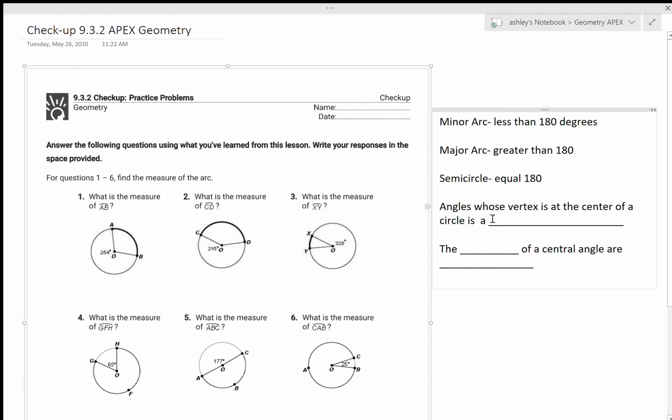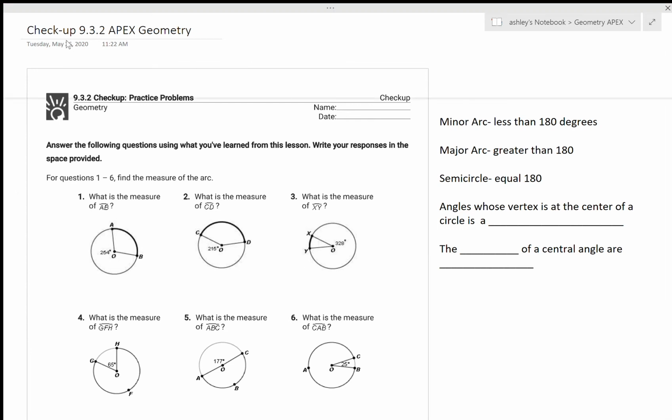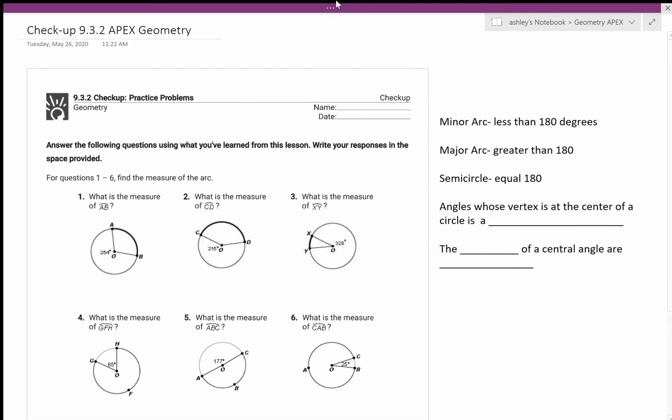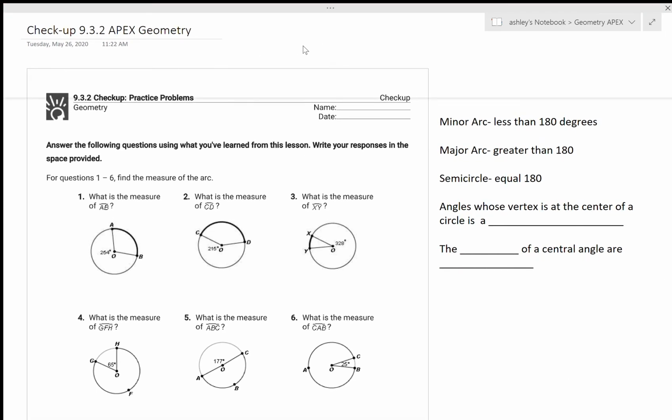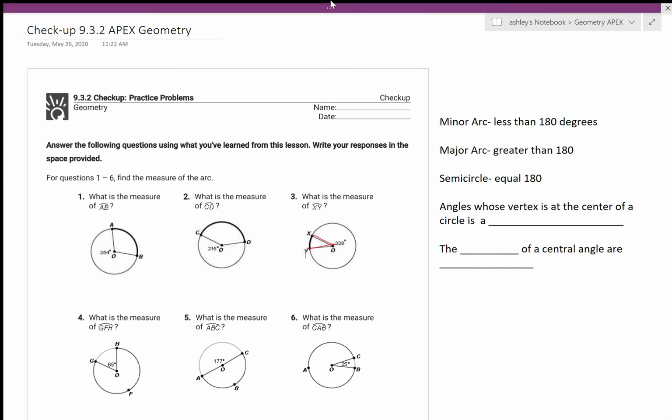Angles whose vertex is at the center of a circle. So that's what's actually pictured here. You can see the picture here of this X to O to Y. That's an angle within our circle, right?